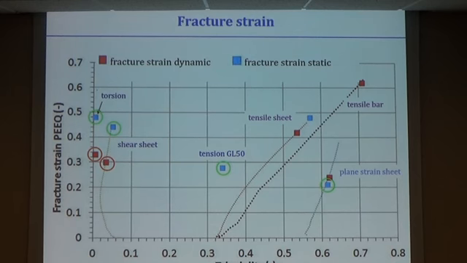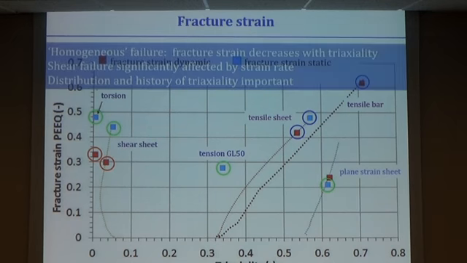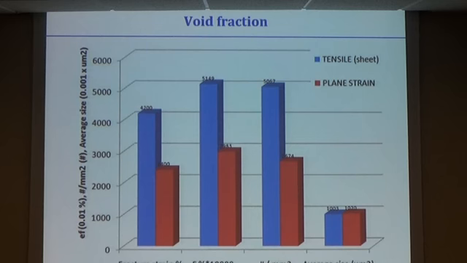Why do we have a fracture strain in the tensile experiment which is much higher than the value you have for the plane strain experiment? What is already clear from this figure is that the evolution of the triaxiality, starting at a lower value for the tensile experiment and a higher value for the plane strain experiment, should be taken into account in your modeling. So it's not only the end result that is important.